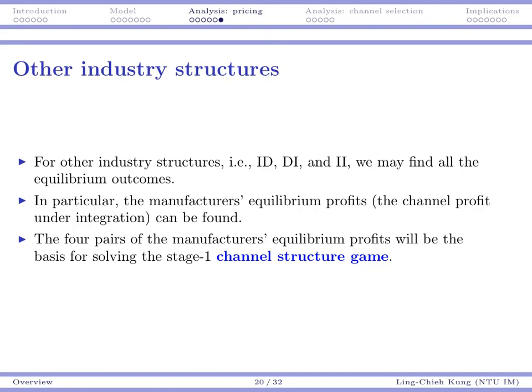The reason that we care about them the most is because when the manufacturers make the channel structure decision, they try to select the channel structure that can maximize their equilibrium profits. So in the next video we will see the manufacturer's equilibrium profits enter the 2x2 game matrix of the channel structure game, and then we will be able to know when the manufacturers will choose to be decentralized.